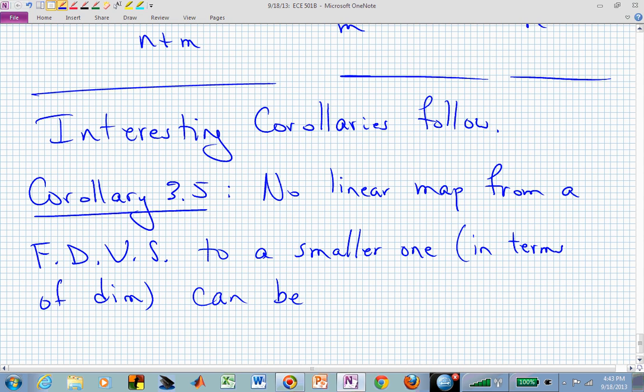And maybe you can go from many different places in the big one and get to the same point in the small one, right? Which means that it's not going to be injective, is it? So no linear map from a finite dimensional vector space can be injective if you're going from a big space to a little space.